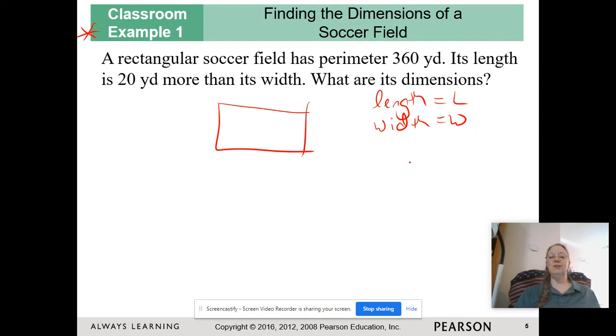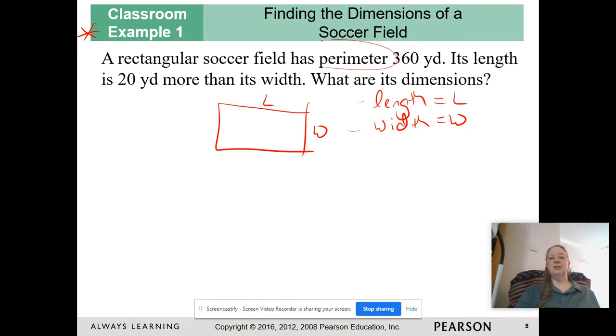The way we did it in the past, we only used one variable, and whichever one was not described got the variable. This time we're talking about two different things, so we get two different variables. But because we're using two variables, we need two different equations.